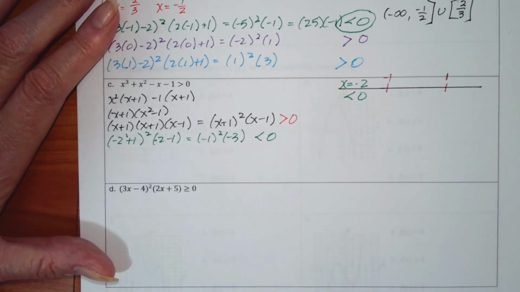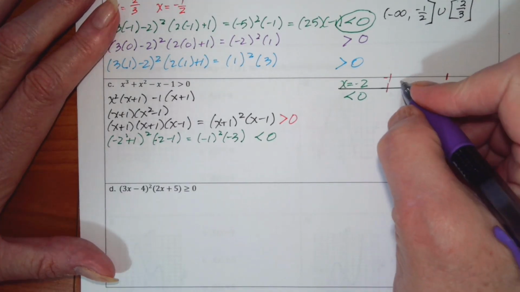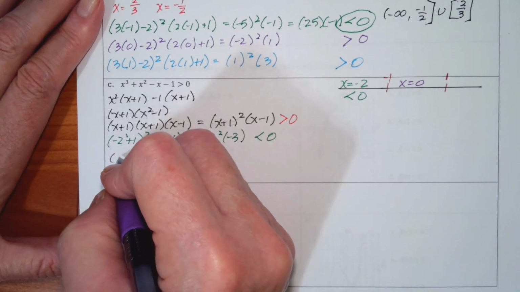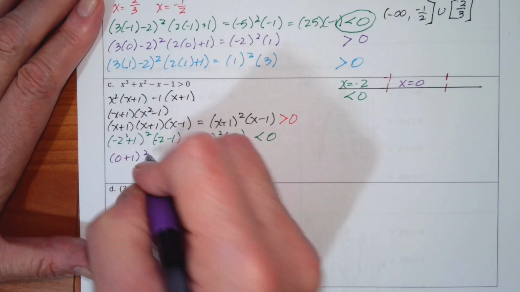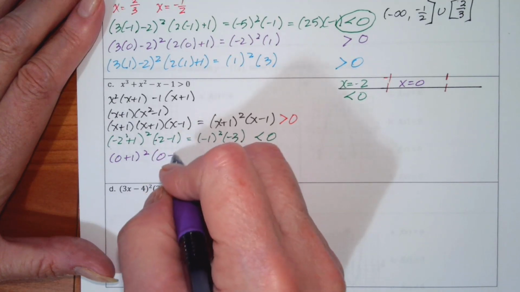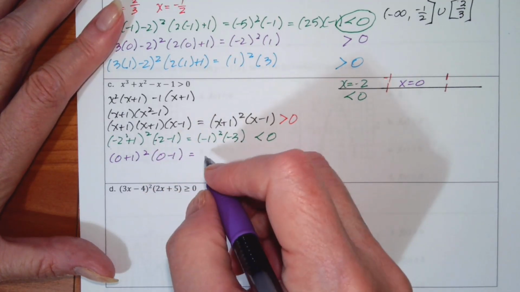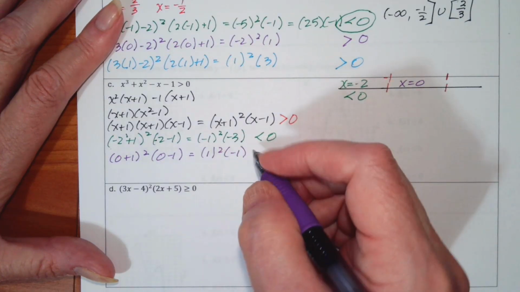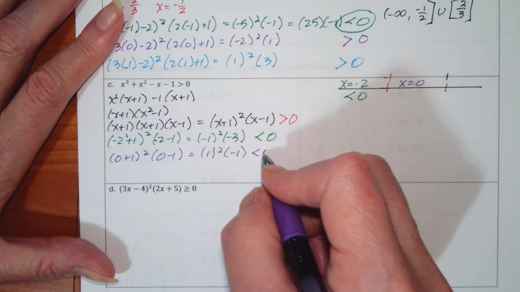In the middle, I will select x equals 0. So that gives me 0 plus 1 squared times 0 minus 1, which is 1 squared times -1, which is also less than 0.